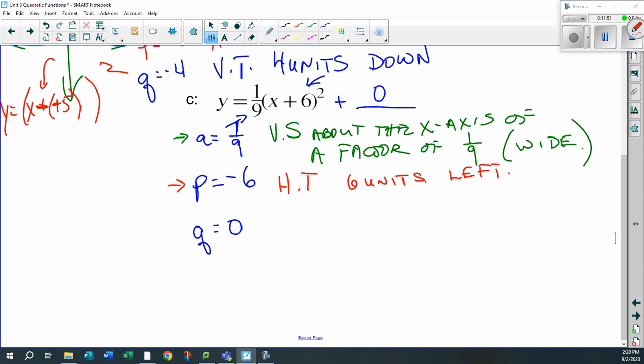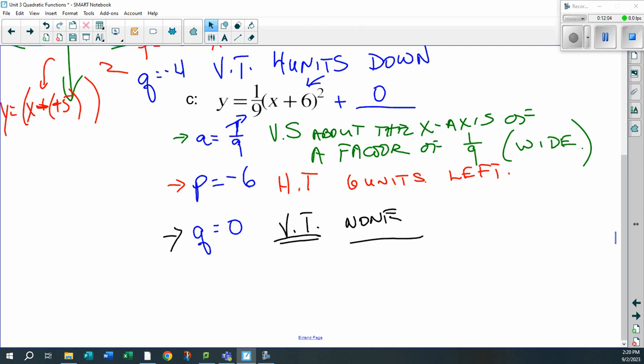You got it. And the last one, of course, is going to be this Q of 0, which means that there is vertical translation. There is none. None at all. It's staying right on the axis. That's how you describe these. That's how you use your wonderful formula of the vertex method really, really incredibly well.